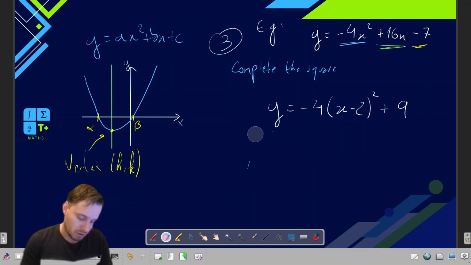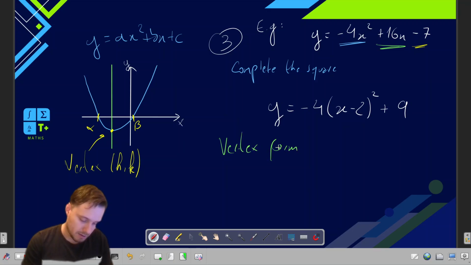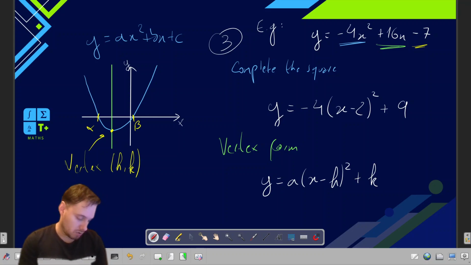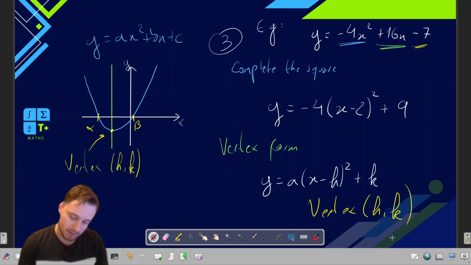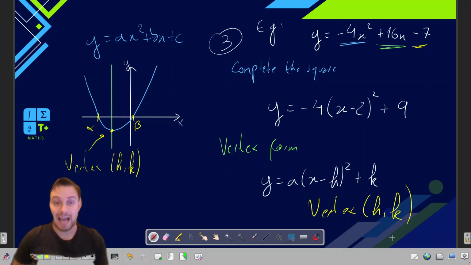In general, we have what we call the vertex form. If an equation is given like this, y is equal to a times (x minus h) squared plus k, then we know that the vertex has coordinates (h, k), and this always happens.